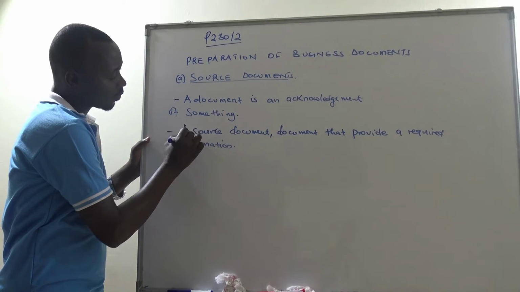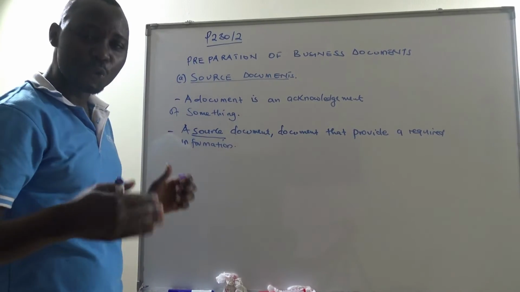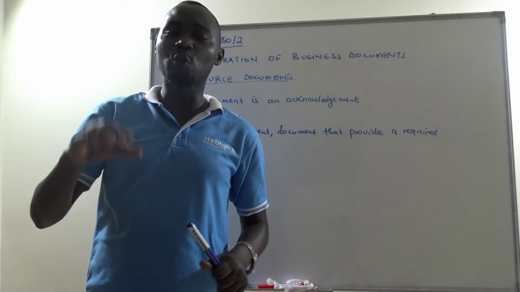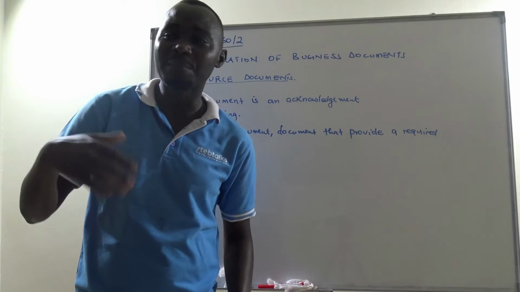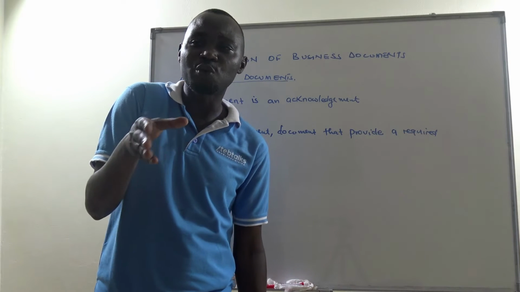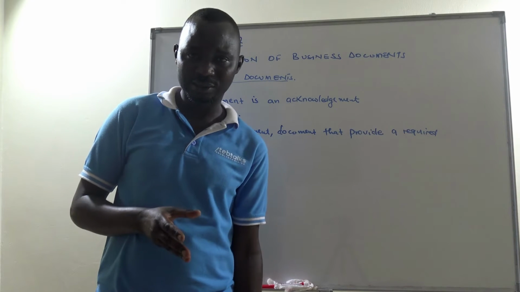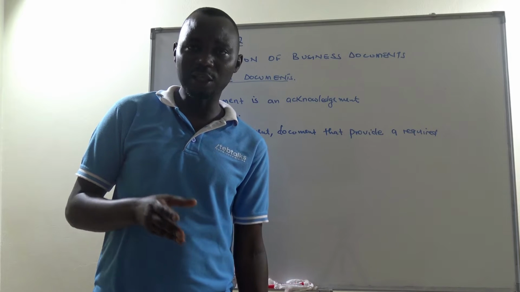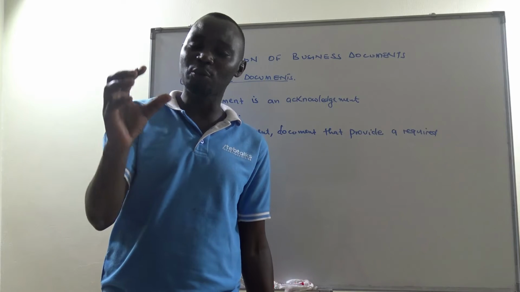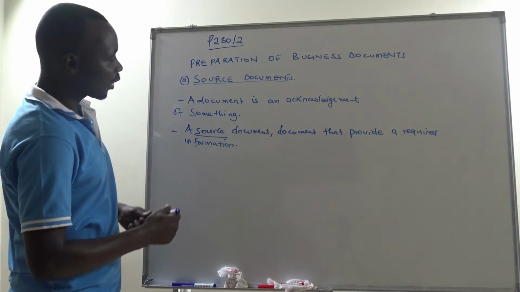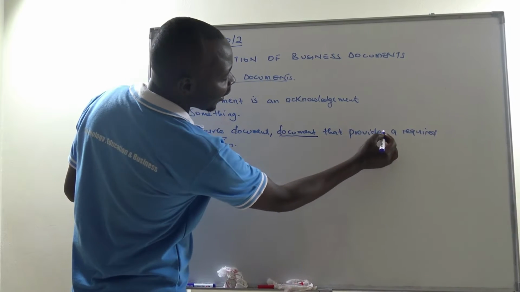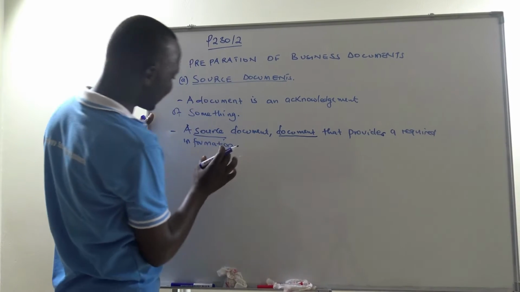It is a source. Where do you want to get information? If you want to know that you are demanding someone, which document will you visit? If you want to know that you are being demanded, which document will you visit? That's why a source document is a document that provides a required information.